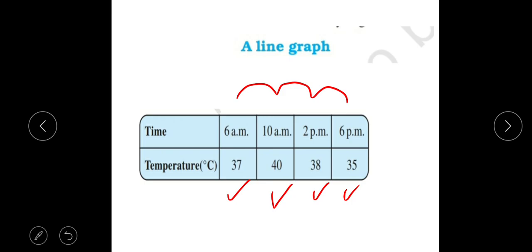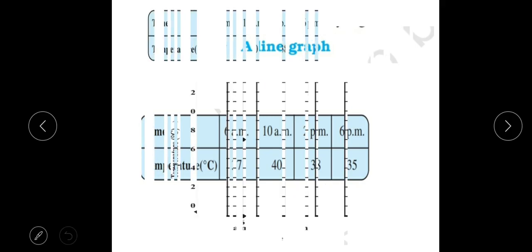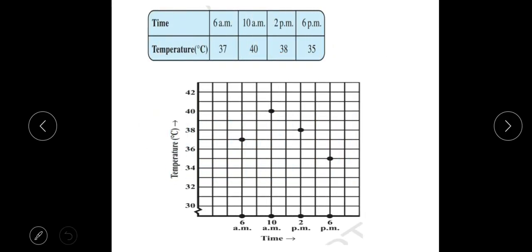How do we draw this in a line graph? Look at the data. First of all, we have to take a graph sheet. Then on the horizontal line, that is the x-axis, we will mark the time: 6 am, 10 am, 2 pm and 6 pm.